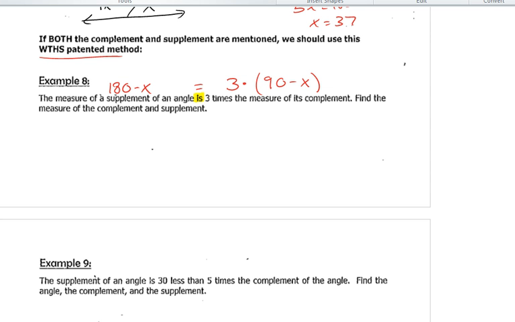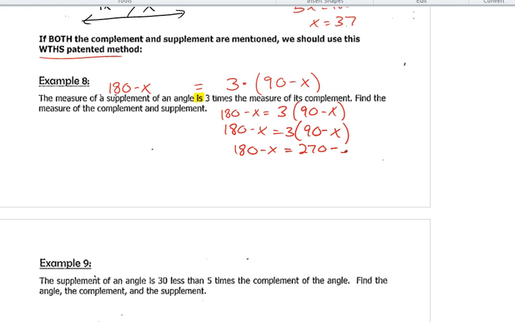So it's going to become one big equation. 180 minus x equals 3 times 90 minus x. Solve it. 180 minus x equals 3 times 90 minus x. 180 minus x equals 270 minus 3x.